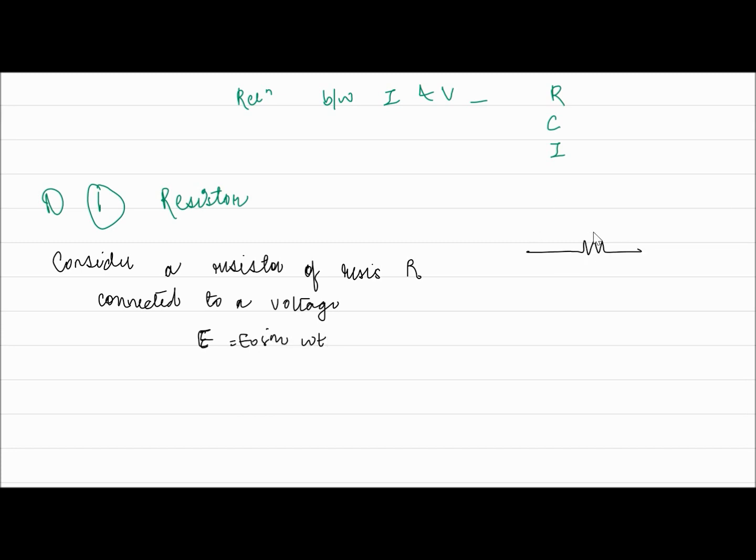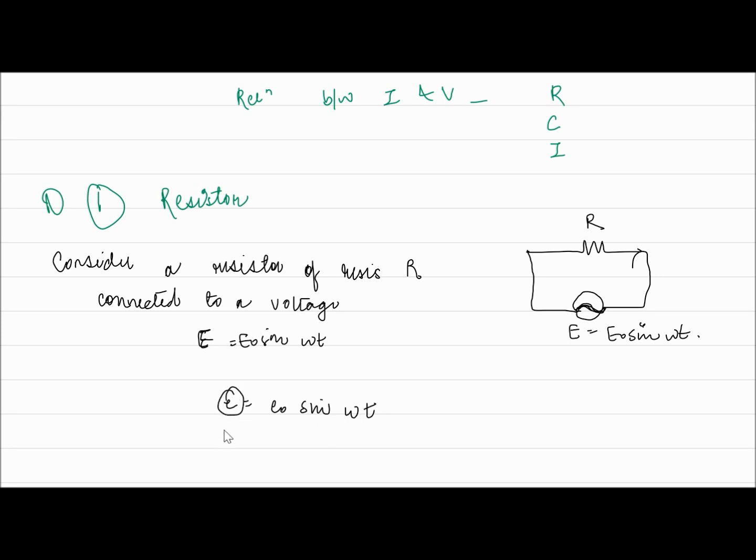So we have a resistor R and it is connected to a voltage E equals E naught sine omega t. This symbol represents alternating current. So as we know, E is equal to E naught sine omega t.